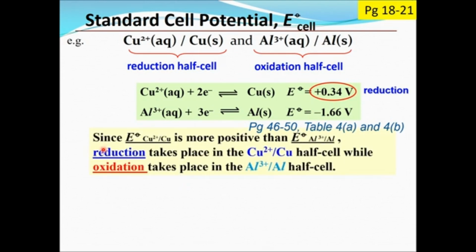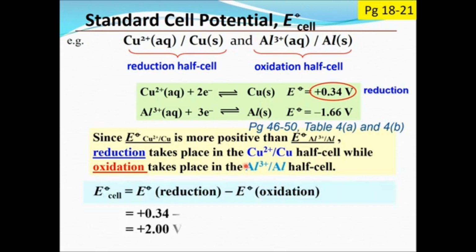We explained earlier, at about 4.2, the basis of predicting electrochemical reactions. So in this case, we are using this as an example of two half cells, and we can put it in and calculate accordingly.